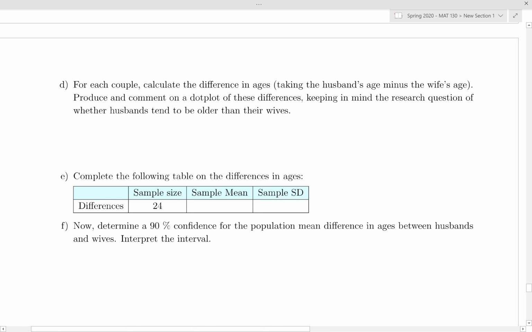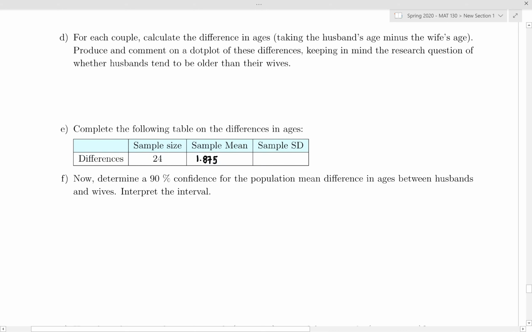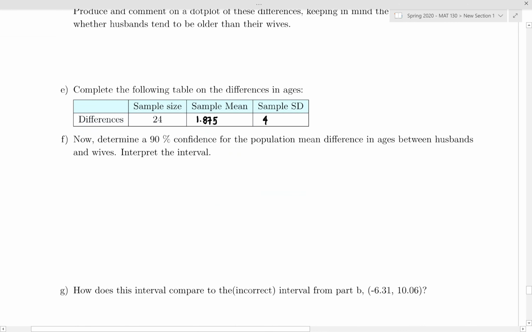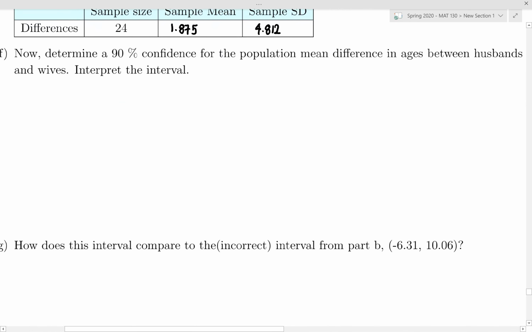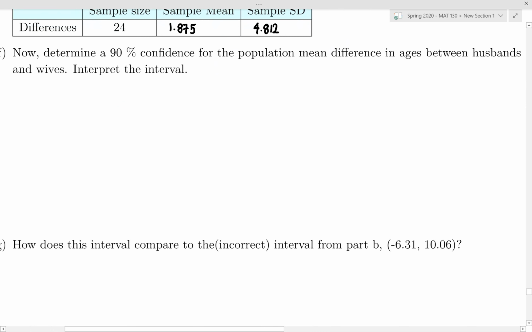All right, so our sample mean was 1.875, and our sample standard deviation was 4.812. All right, so now what we would like to do is determine a 90% confidence interval for the population mean difference between husbands and wives' age, and we're going to interpret the interval.